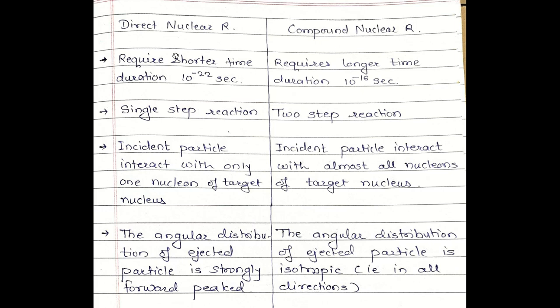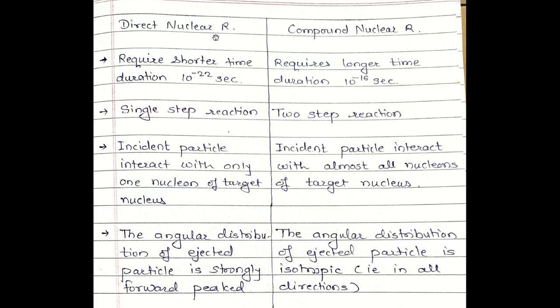Let us see. The direct nuclear reaction requires a shorter time duration, whereas compound nuclear reaction, CNR, requires a longer time duration, right? Direct nuclear reaction, DNR, is a single-step reaction. CNR is a two-step reaction, wherein compound nucleus formation is one step and disintegration of that compound nucleus is another step.